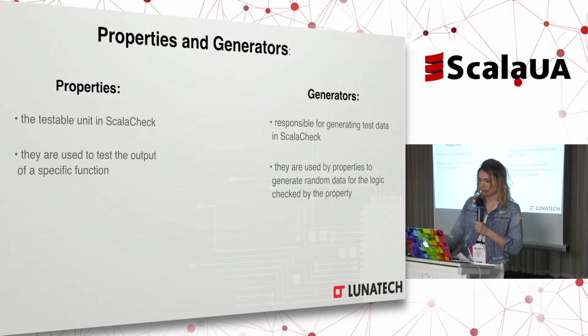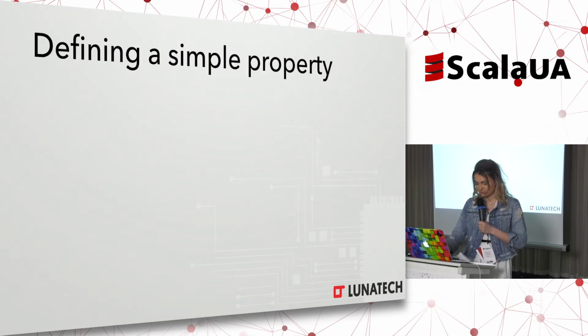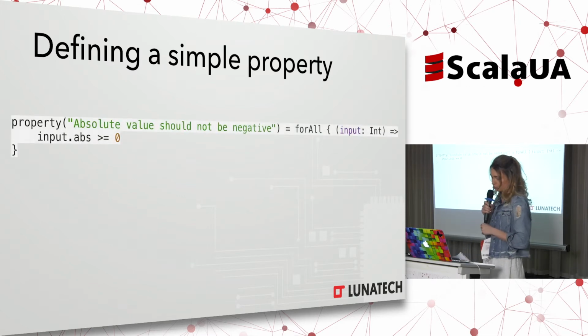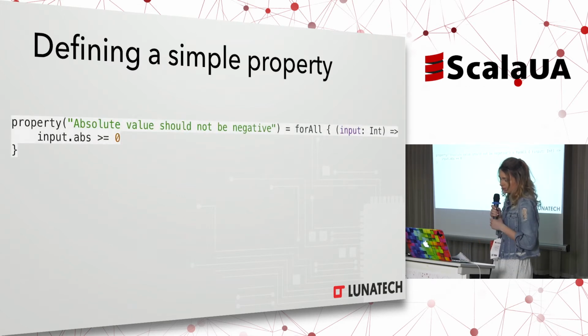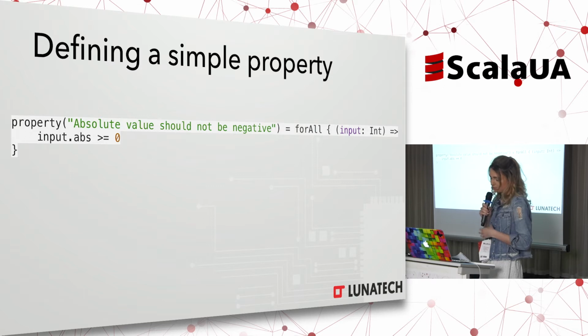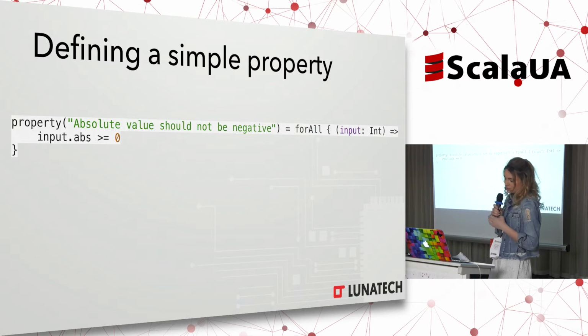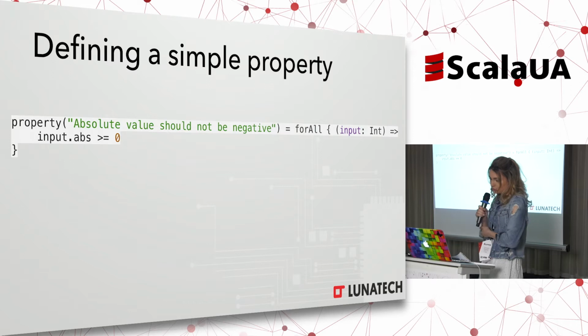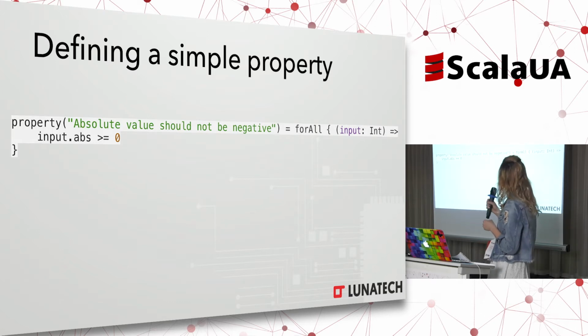Let's now try to define the simplest property. The simplest property-based test uses the forAll object with a function that defines the logic for the check. forAll takes a function as a parameter and creates a property that can be tested with the check method. And the function should return a Boolean.